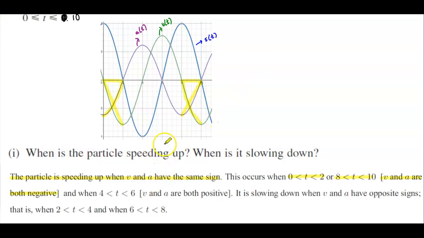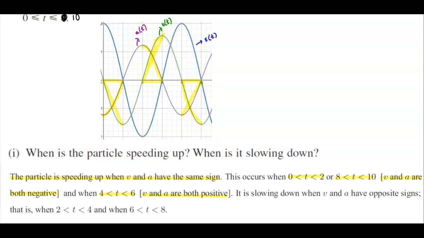And then also, if we take a look at the interval between 4 and 6, we can see that the velocity function is above the x-axis, so it is positive, and the acceleration function is also positive. So between 4 and 6 it's also speeding up, and that's when the velocity and acceleration are both positive.